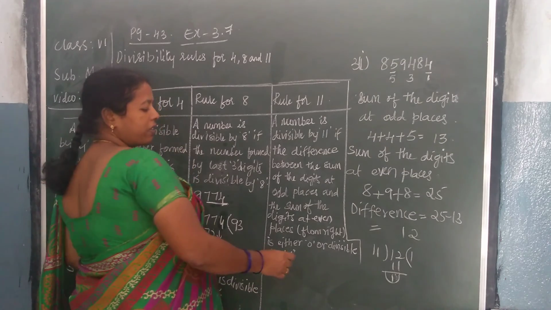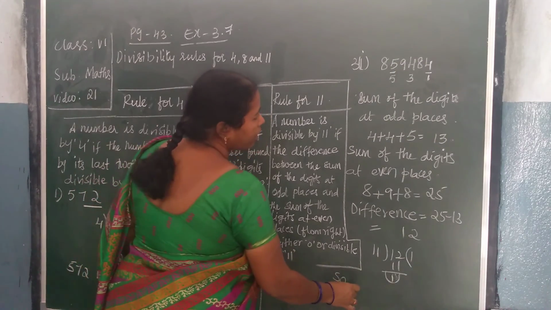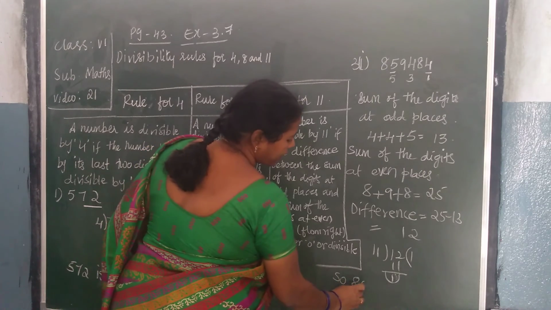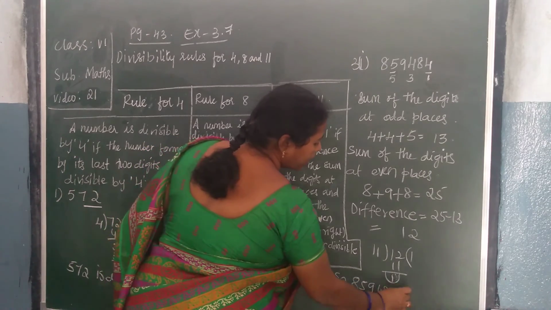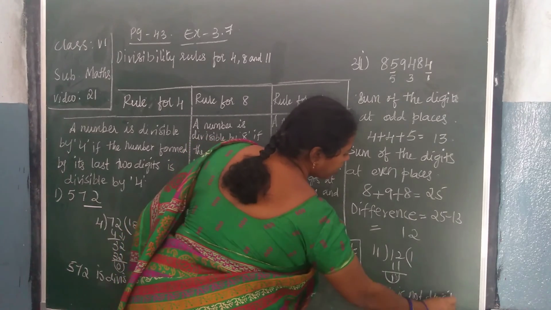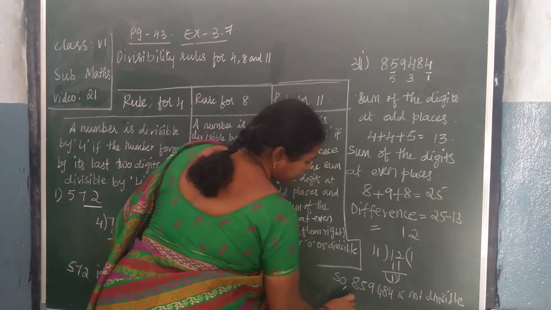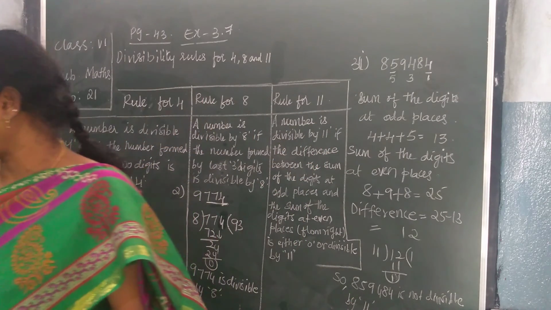Therefore, what do you have to write then? 859484 is not divisible by 11. That is the rule, children, that I have applied.